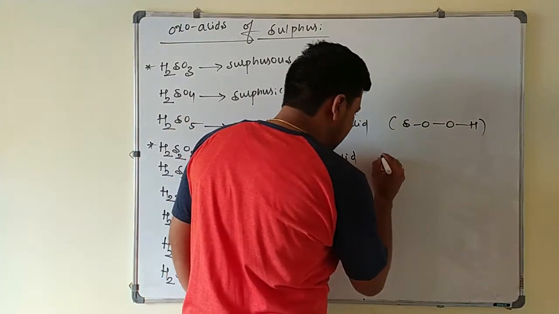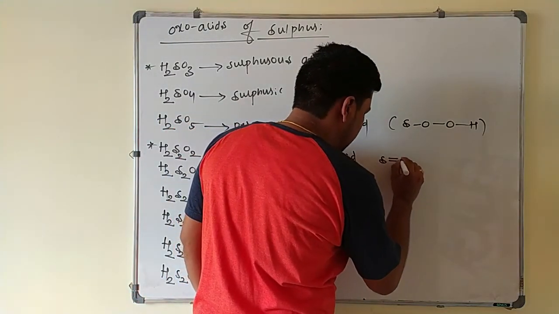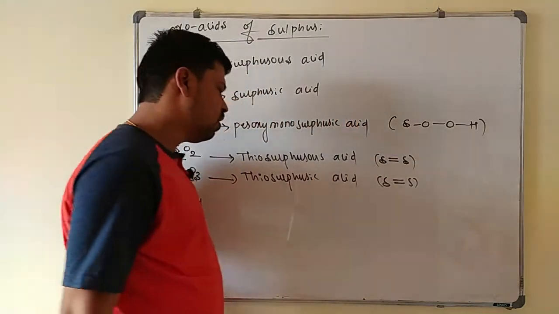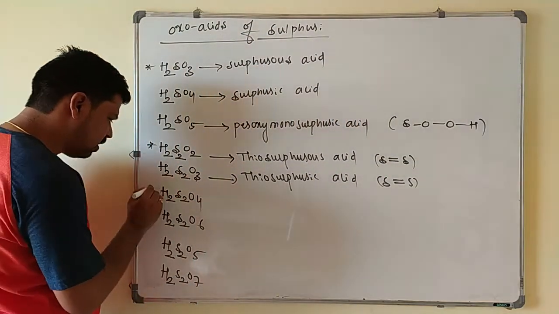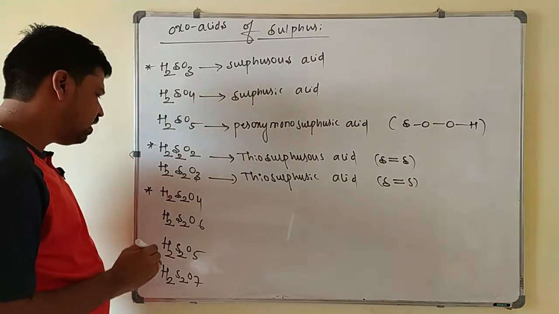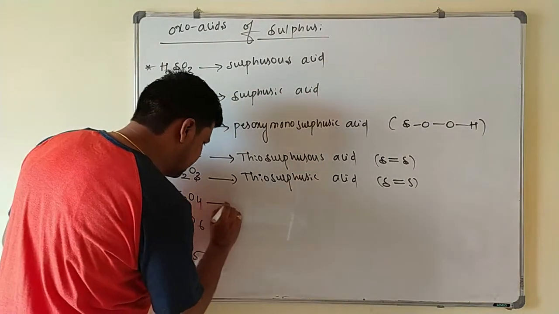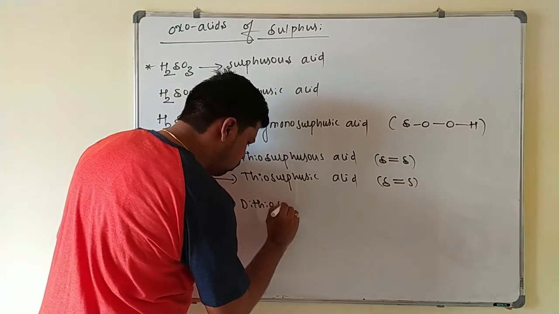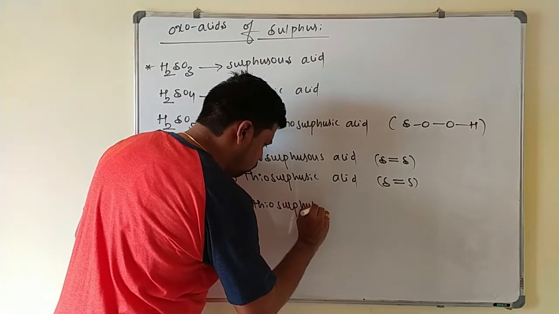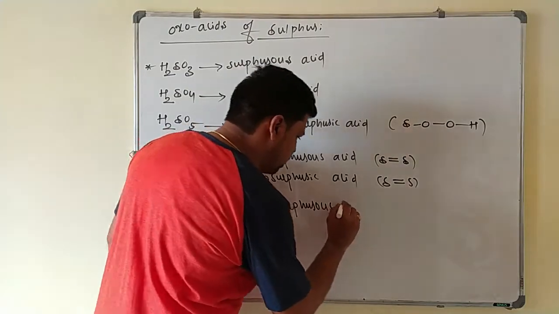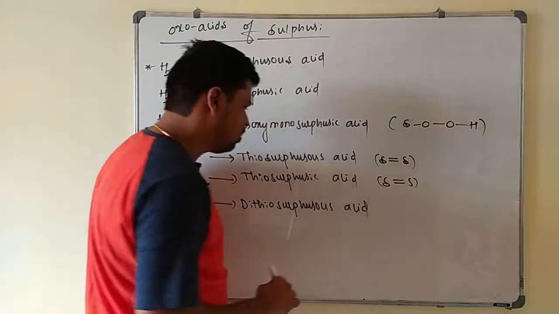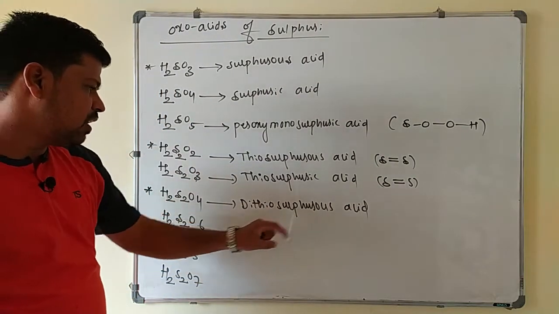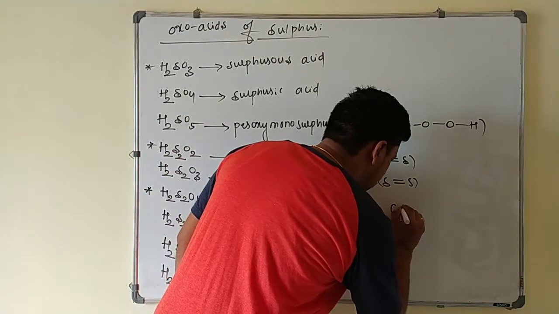These thioacids always contain an S=S double bond. If an oxo acid contains an S=S double bond, then it is called a thioacid. Next one, again it is ous acid. Dithiosulfurous acid it is. Thioacids contain S=S double bond and these dithioacids contain an S-S single bond.